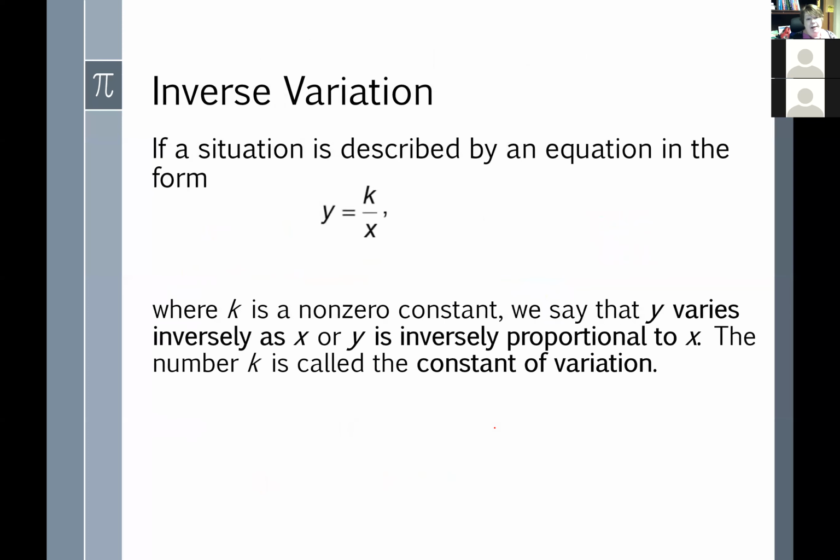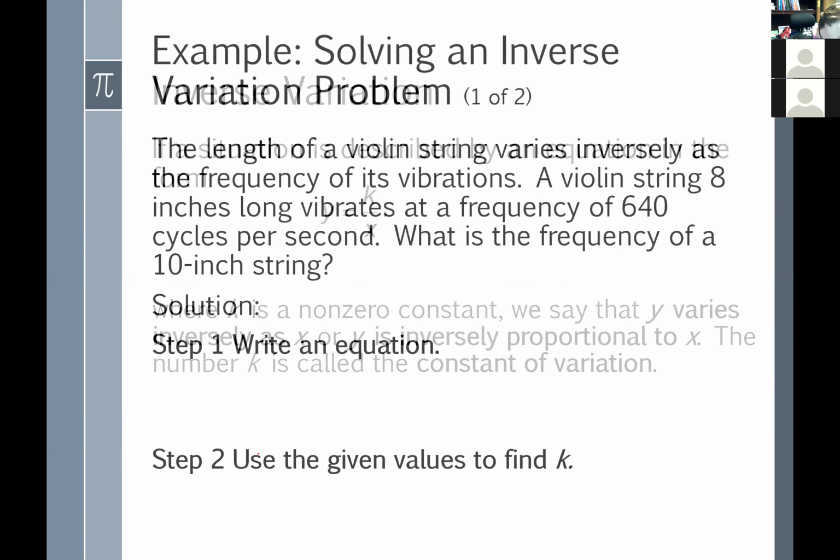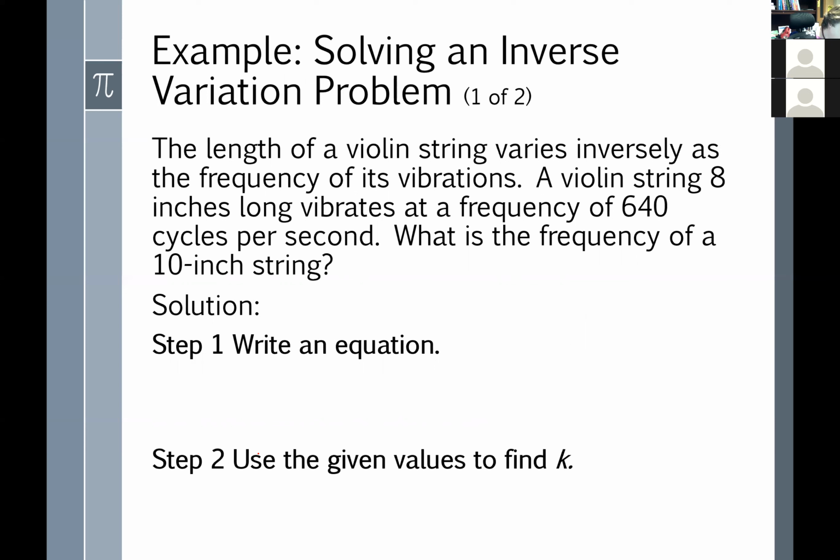Right, inverse variation, your variable X will be in the denominator. So the way this is described is Y varies inversely as X. The length of a violin string varies inversely as the frequency of its vibration. So length varies inversely as frequency.